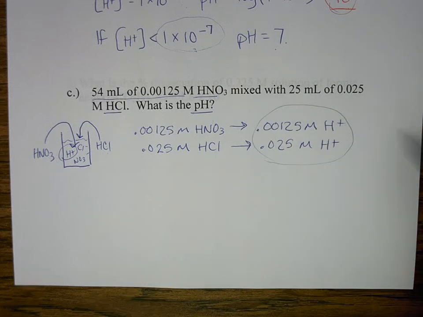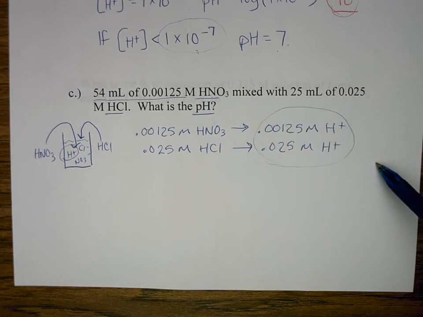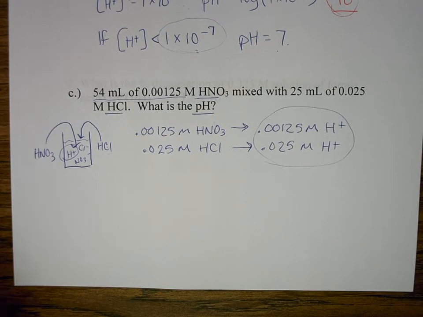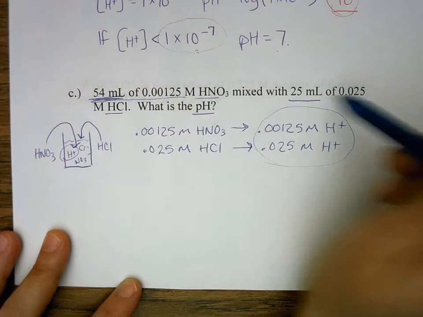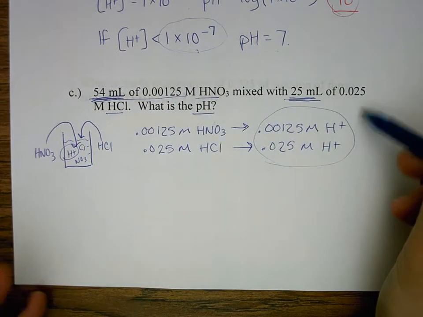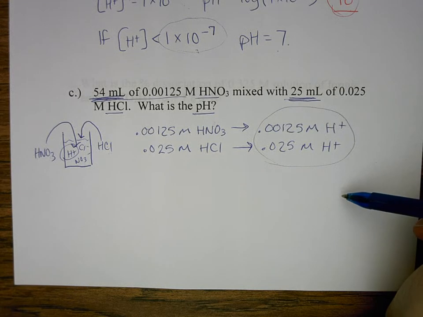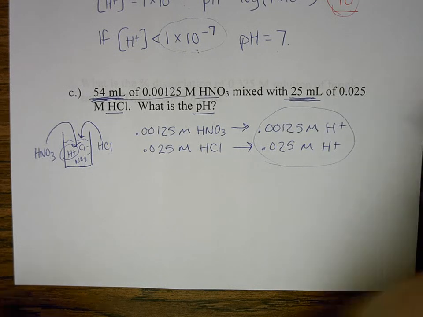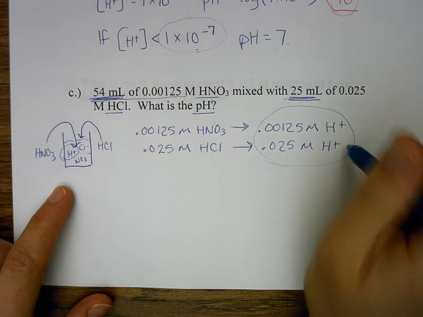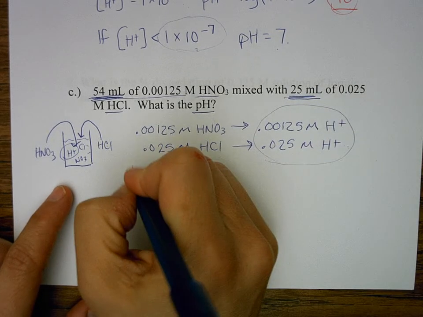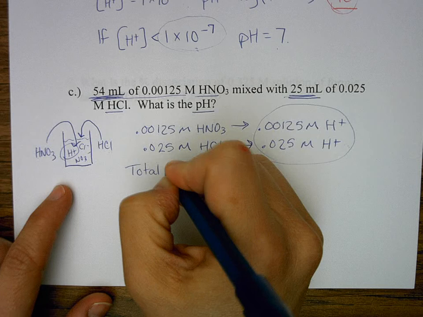So I have these concentrations of hydrogen ions, but they're in their separate solutions. I can't just simply add these together to get the total hydrogen ion concentration because the volume of the solution changes, which affects the molar concentration. So I have to think about what the total volume is.